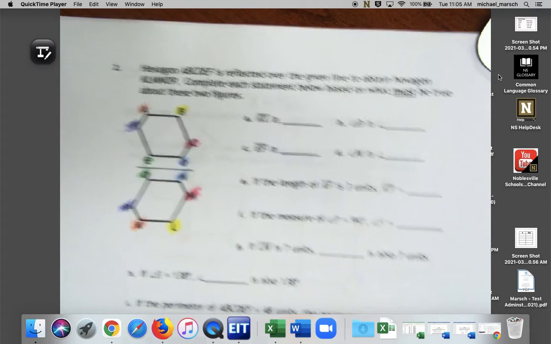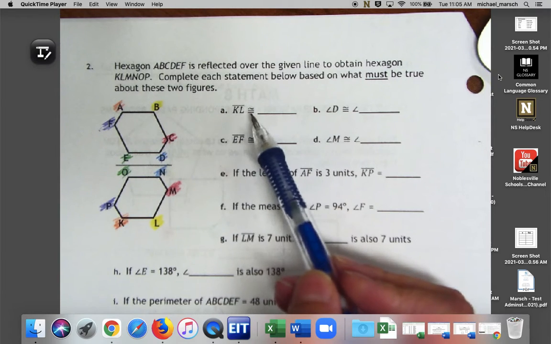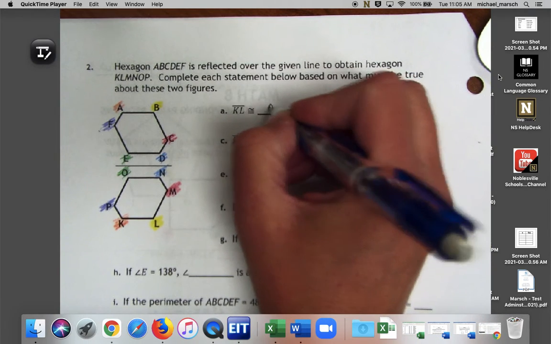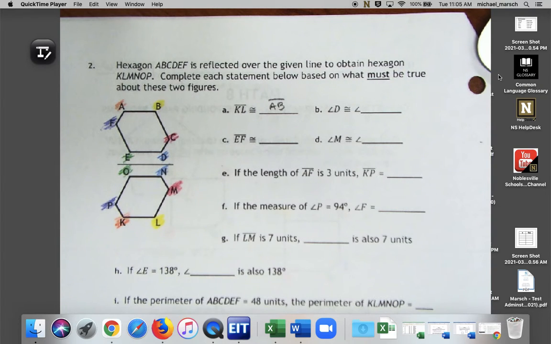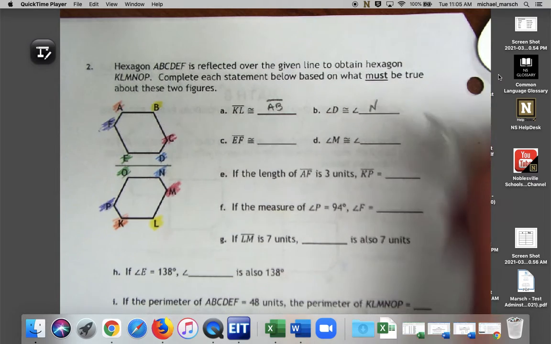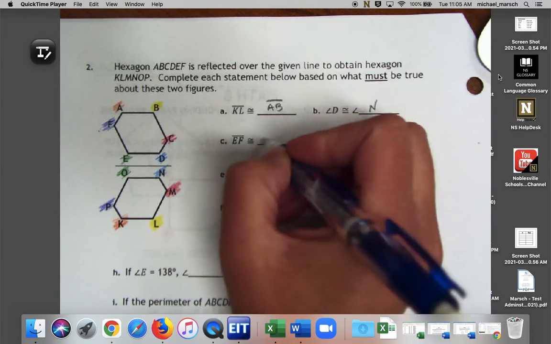All right, so let's answer some questions about these. Segment KL is congruent to what? AB. Good. Angle D is congruent to N. EF is congruent to OP. Good.